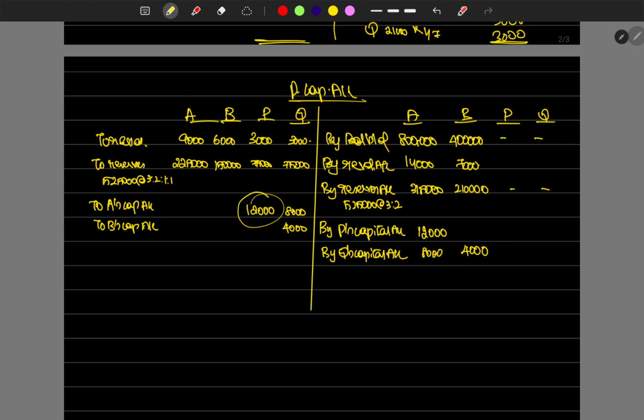From P's capital 12,000 has been reduced, and for A's, 8,000 has been reduced from Q's capital. So 8,000 has been put here, and B has also sacrificed 4,000 worth of goodwill, so that has been added here. So that's it. Everything has been done.